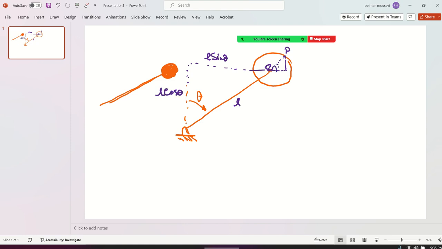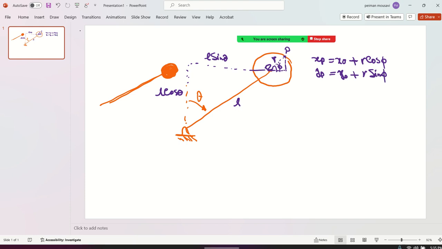Now I'm going to say the angle here is phi for the circle, and I'm going to plot the circle when it's moving. So X of P is going to be X of O plus R, the radius of this circle, R cosine phi, and Y of P on the circle is Y of O plus R sine phi.